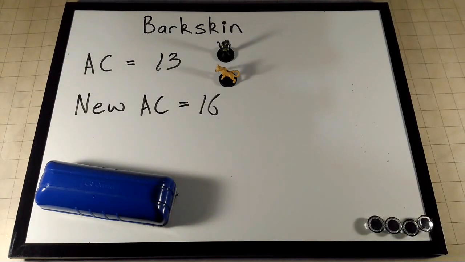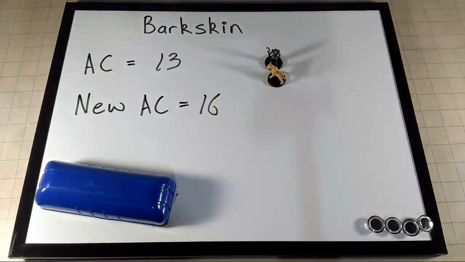Okay, now I said that it sets a minimum AC. It doesn't set a maximum, it sets a minimum. And it's not a stackable spell. So I know a lot of people say, okay, so what happens if I'm carrying a shield? So if I'm carrying a shield and I'm wearing leather armor, my AC was 13.